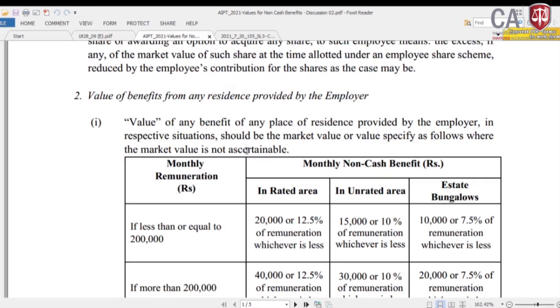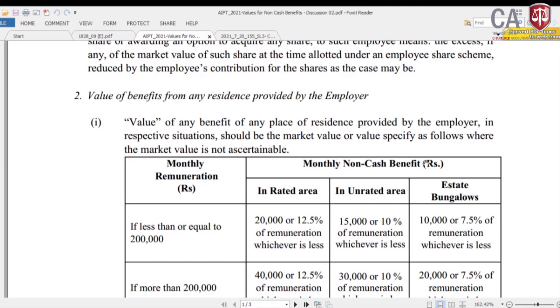The value of any benefit of any place of residence provided by the employer should be the market value. If the market value has been given and is ascertainable, you take the market value. If the market value has not been provided, you have to go for the non-cash benefit circular.